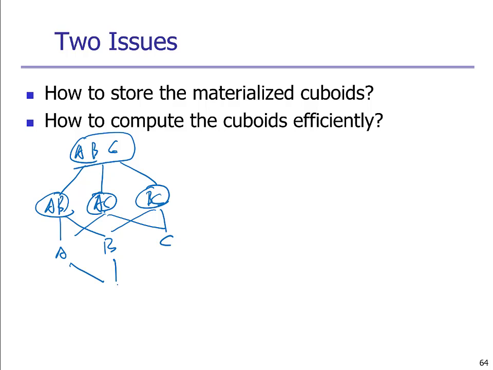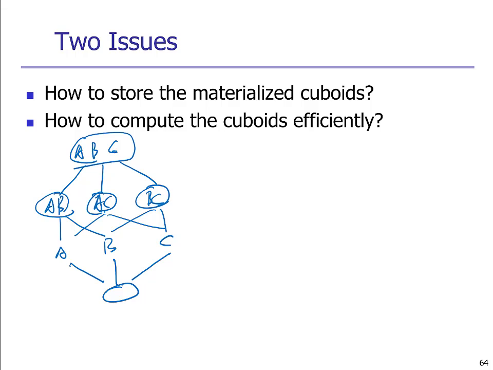Then we have the last 0D cuboid, where for every dimension all the data have been aggregated. So it's 3 all here.